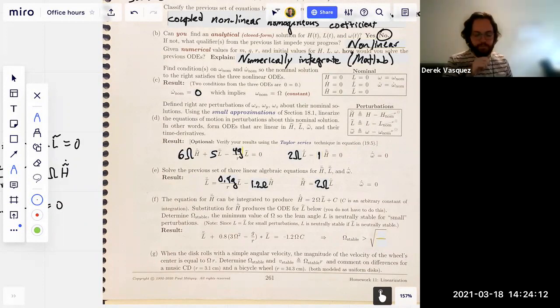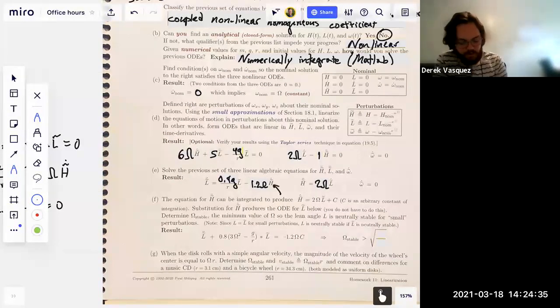Okay. So moving on to part F. So we have the equation for H double dot can be integrated. So we have H double dot is 2 omega L dot to produce H dot equals 2 omega L plus C, where C is some constant. Substitution for H dot into there.